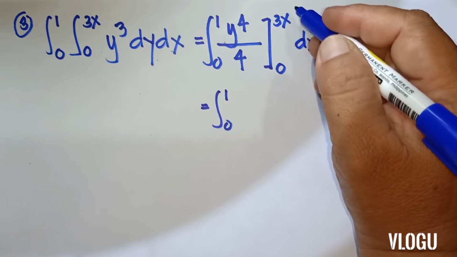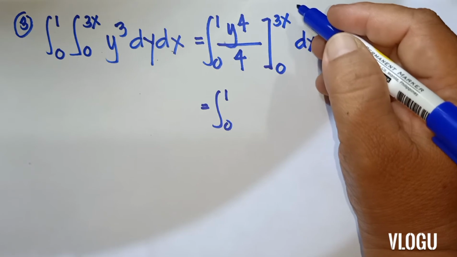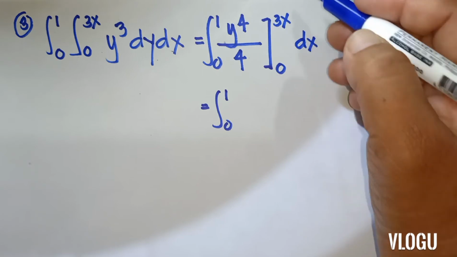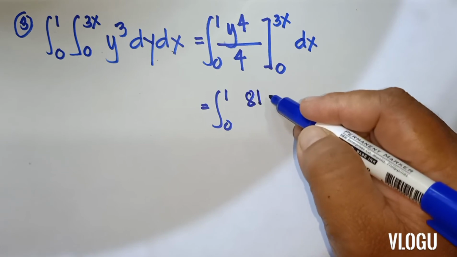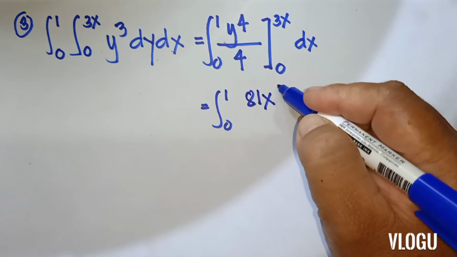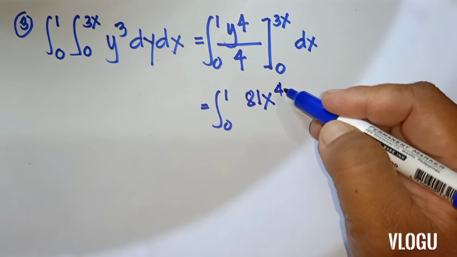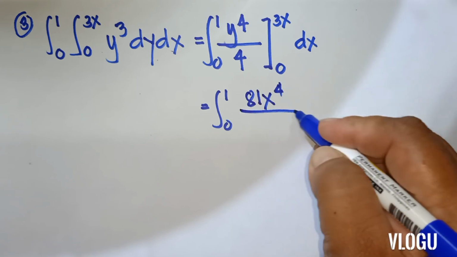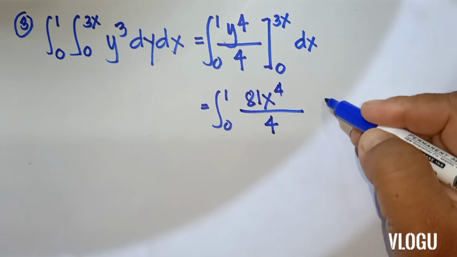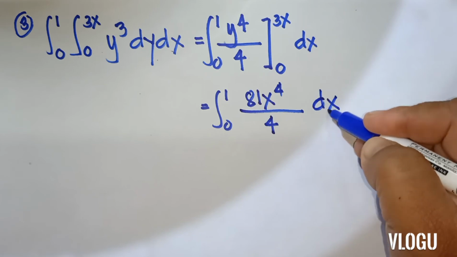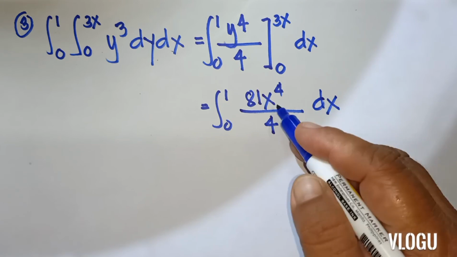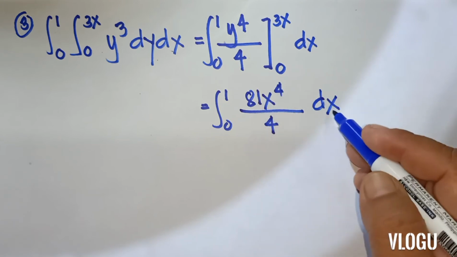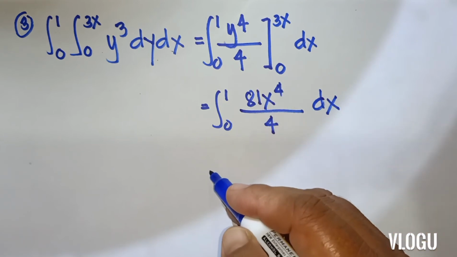So 3 raised to 4 is 3 times 3, 9, 9 times 9, 81. So you will have 81x to the 4 over 4, and you still have dx.